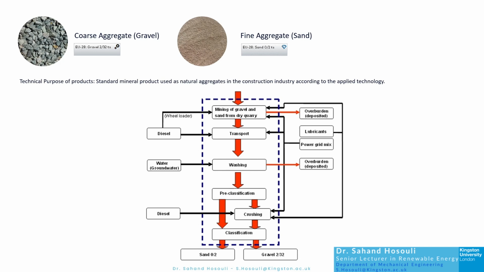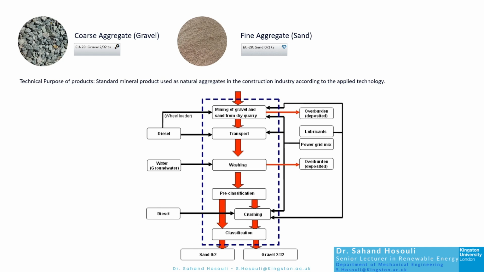Also, for example, I have diesel as an input to the system, I have water, I have diesel again for the crushing, and also, for example, lubricants and so on. So the technical purpose of the production that you can see for the coarse and fine aggregates includes all of these environmental assessments in terms of the transport, washing, and pre-classification during the production of these aggregates.